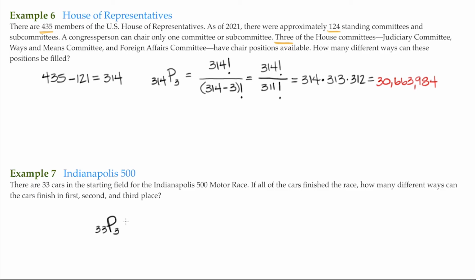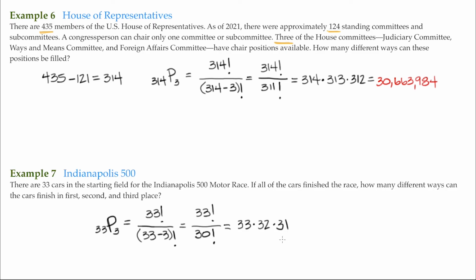If we went ahead and followed the formula, we would have 33 factorial over 33 minus 3 factorial. That's then 33 factorial over 30 factorial. 30 factorial in the denominator will cancel out the 30 factorial in the numerator, leaving us with 33 times 32 times 31.